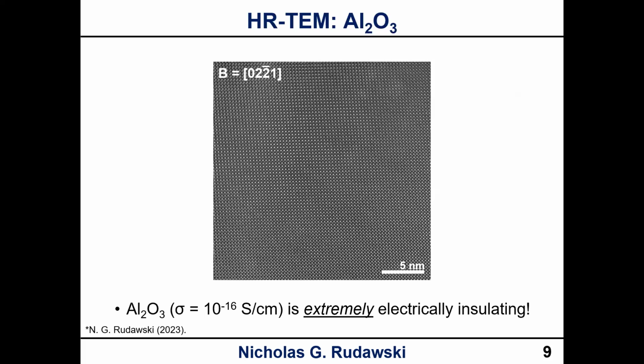I don't remember what the band gap is. I want to say it's something like 6 or 7 electron volts. But this is a very insulating material, and yet, with properly prepared samples, people take beautiful STEM images of sapphire all the time, okay?